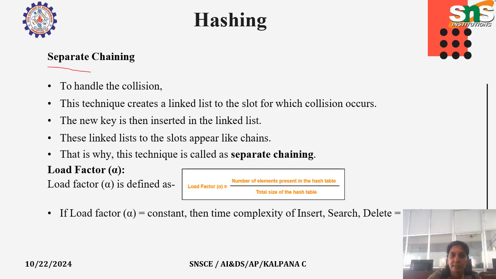First is separate chaining. This is the first technique to handle collision. Here we create a linked list to handle the collision. If a data item is already present in that hash table location, we have a linked list and we place the second item in that linked list.